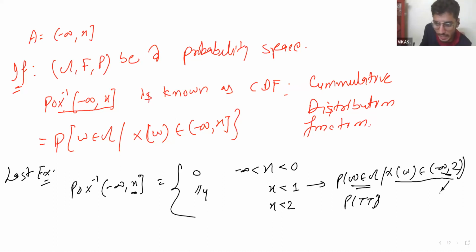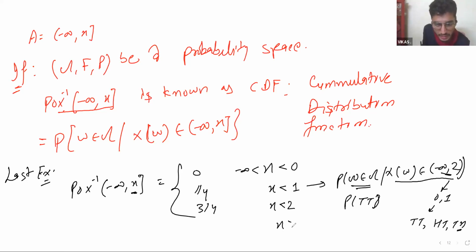So you see that 0 is coming, 1 is coming, but 2 is not coming. What are the cases when the random variable gives the value 0? That is tail. And when it gives the value 1, head and tail or tail and head. So these are the three favorable cases, and this is 3 by 4.